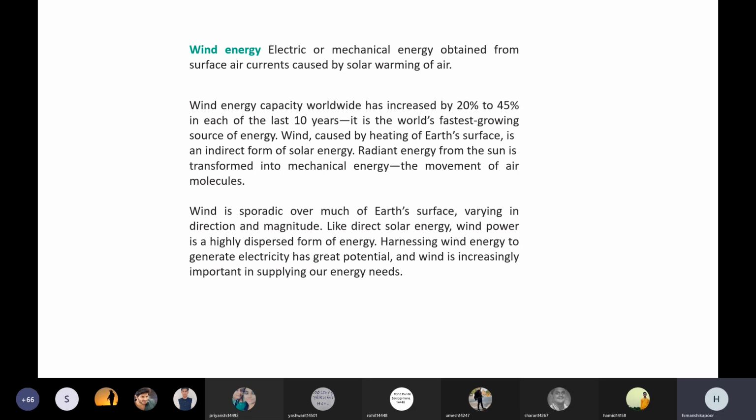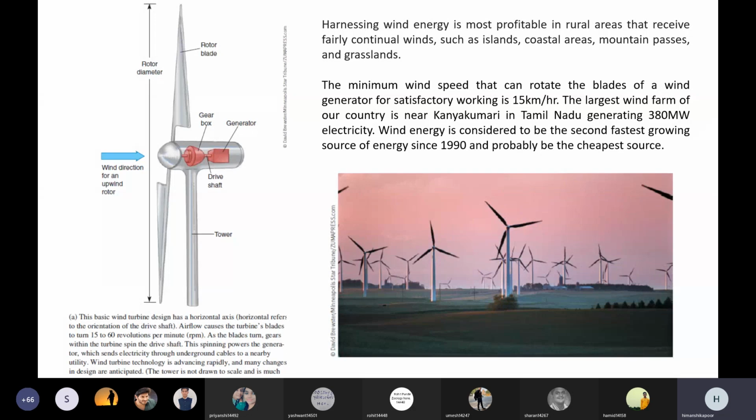It is again a highly dispersed form of energy, so we have to make a lot of effort to harness it. And we already know how we harvest wind energy. You have wind farms wherein a lot of windmills are put, and the force of the wind rotates the blades, and then we can generate electricity out of it.